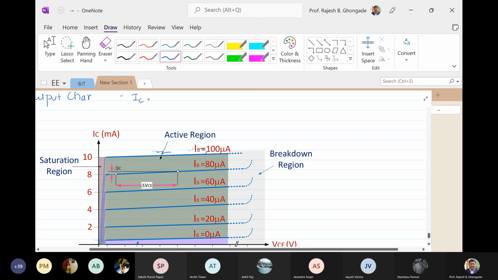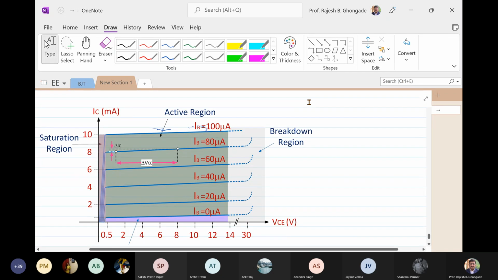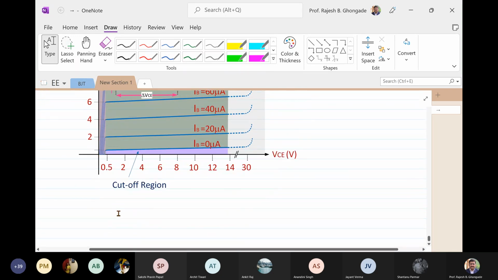So it is IC versus VCE at constant values of IB. Yes. Very good. So at different values of IB, I'm going to get different curves. All right. Let us start writing our observations here.